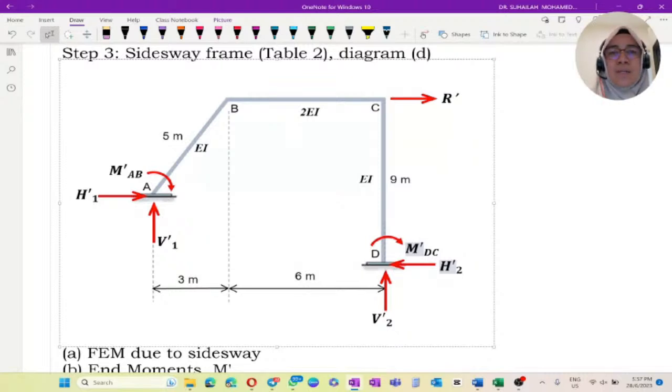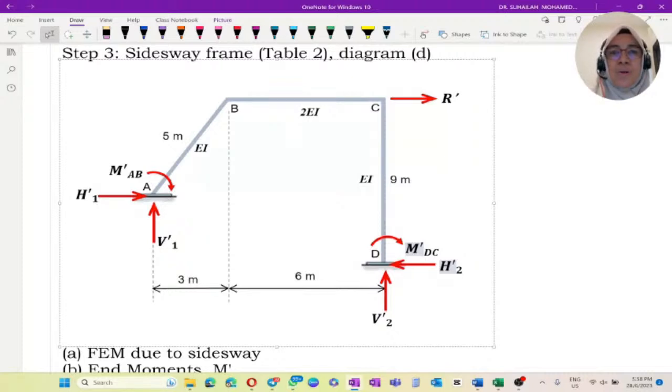Okay, this is actually the diagram under diagram D, where we will analyze the frame which is subjected to R prime. The frame is moving towards the right direction. Okay, so for the free body diagram for the frame, we put the unknown reaction at A, unknown reaction at D, and R is located at C in the right direction.